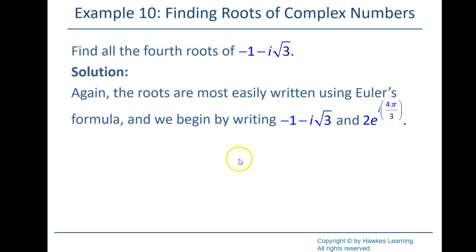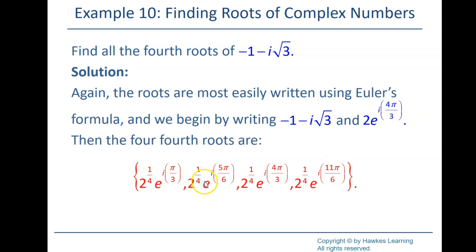All right, and then if we start writing the fourth roots of that, how do we do that? We find the fourth root of 2 over and over. We start with this angle, right? We start with our 4 pi over 3.